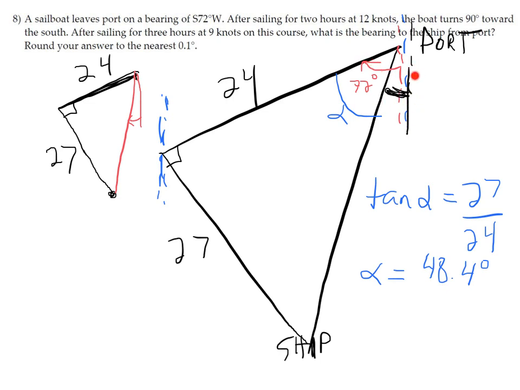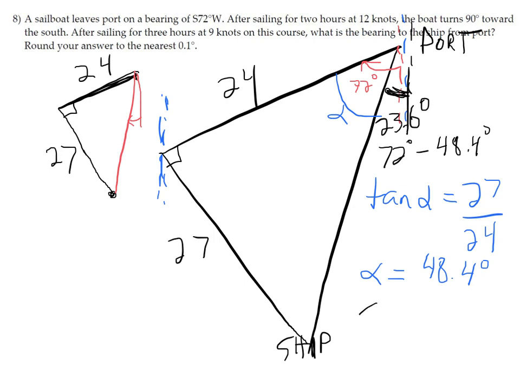Now this whole thing is 72, and this is 48.4, so this little bit right in there is 72 minus 48.4 degrees, which gives us 23.6 degrees.